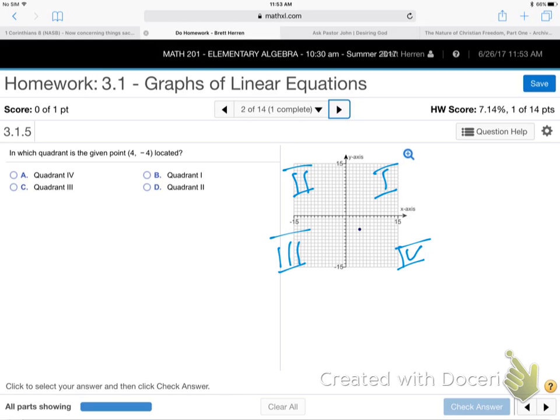So this dot that they're giving me is in quadrant 4. They put a dot right here. It's in quadrant 4. Keep moving. It's going to make me try to figure it out without that.